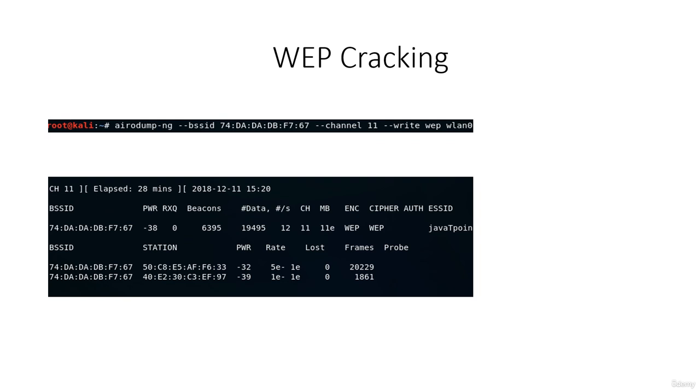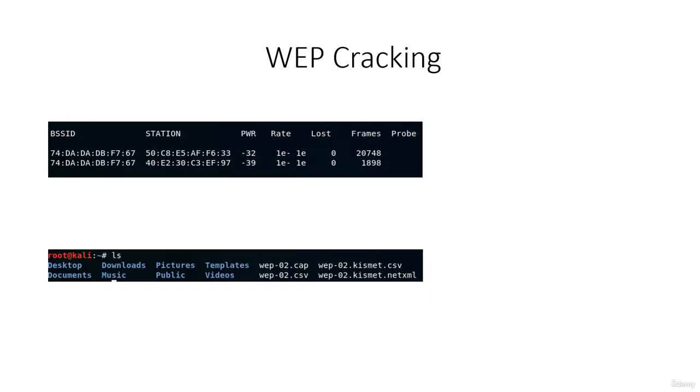In this scenario, we can see the client here. Now we'll type ls to list the files. We can see that we have a capture file and a CSV file, named by the write argument.